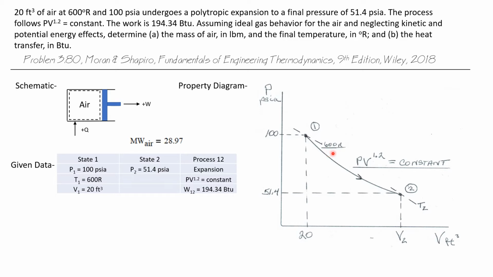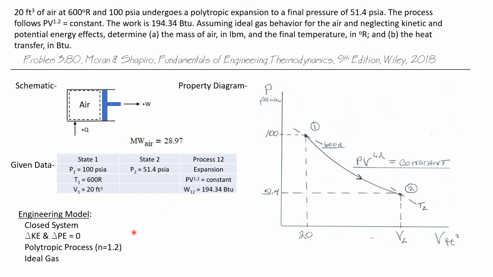It's 600 degrees R. Now this process, PV to the 1.2 power is constant. It always follows a concave line. And that's going to arrive at state 2, where the pressure is 51.4 psi. The volume has an unknown V2, and the temperature has an unknown T2 value.